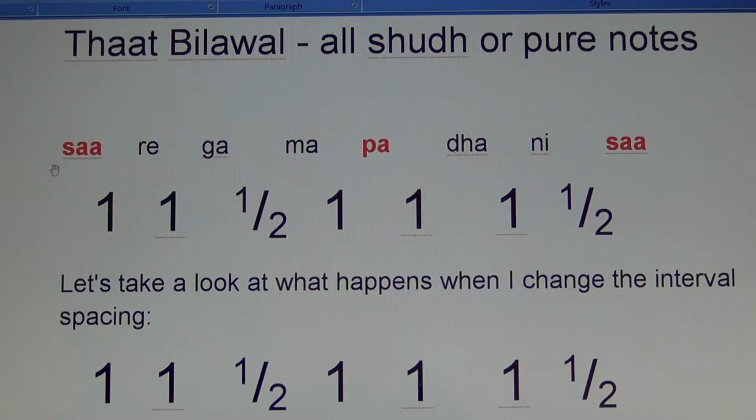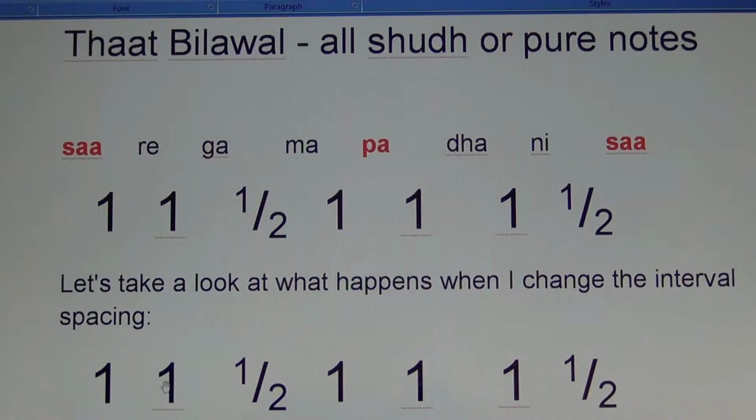As I said in my prior lessons, everything that we do is based on Thaat Bilawal or the major scale. So we have again sa re ga ma pa dha ni sa. Sa and pa remain the same. They are shuddha or pure, and they never change. The intervals remain the same: 1, 1, half, 1, 1, 1, half.